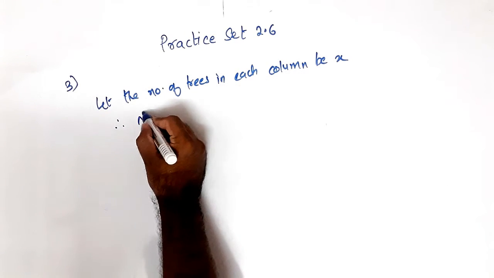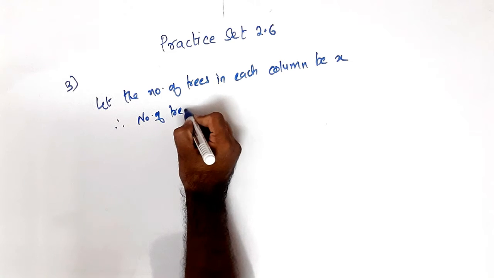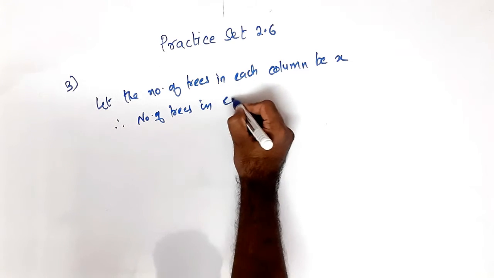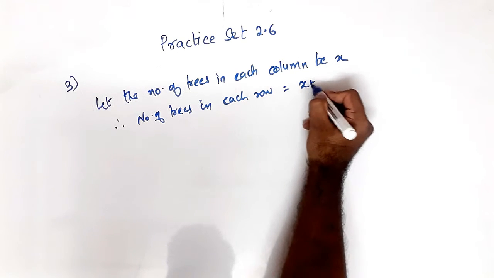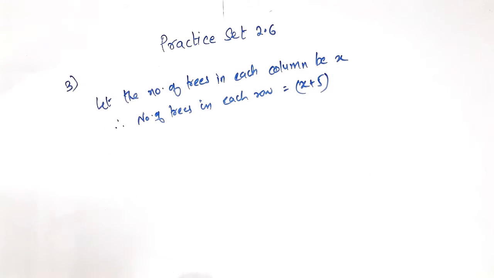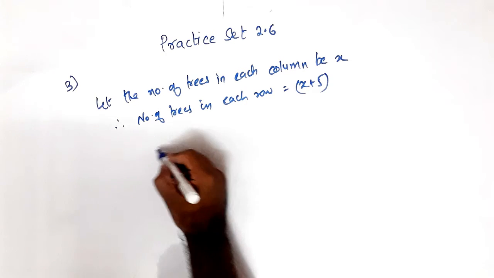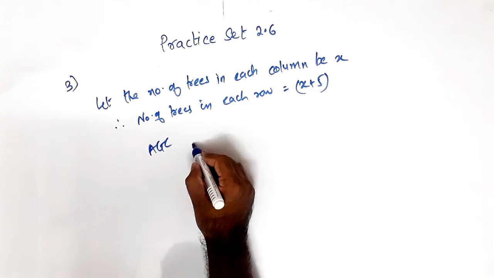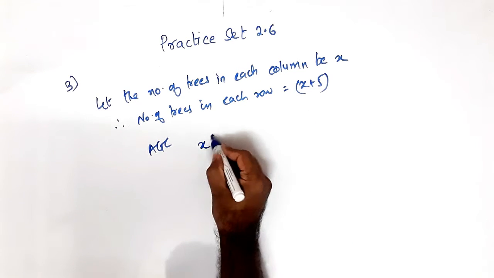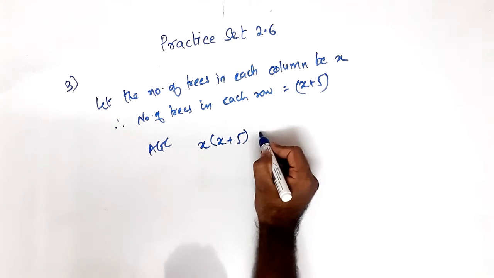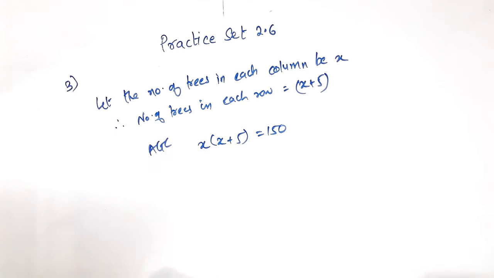Therefore the number of trees in each row will be 5 more, x plus 5, and the total number of trees is 150. So if I multiply the number of columns and rows, x into x plus 5, it will give me 150.